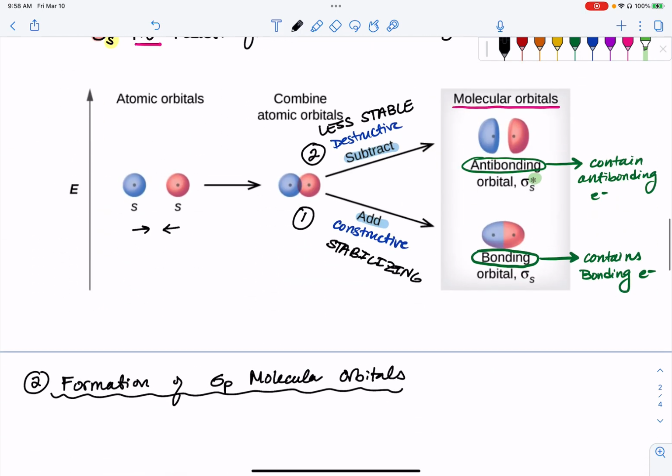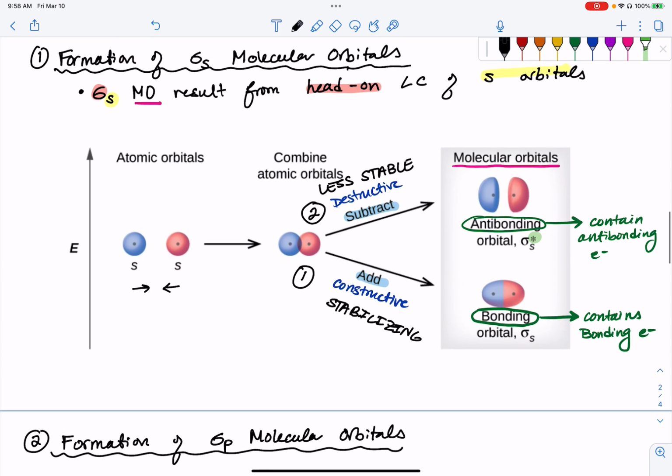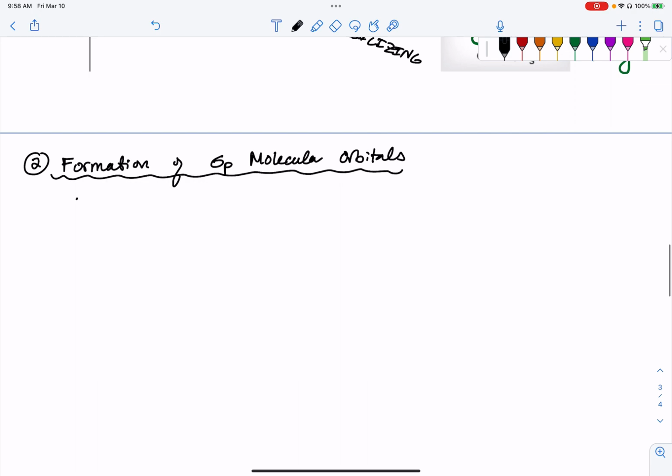And just like we said that sigma s MOs result from head-on combinations of s orbitals, very similarly, sigma p molecular orbitals result from head-on linear combinations of p orbitals.